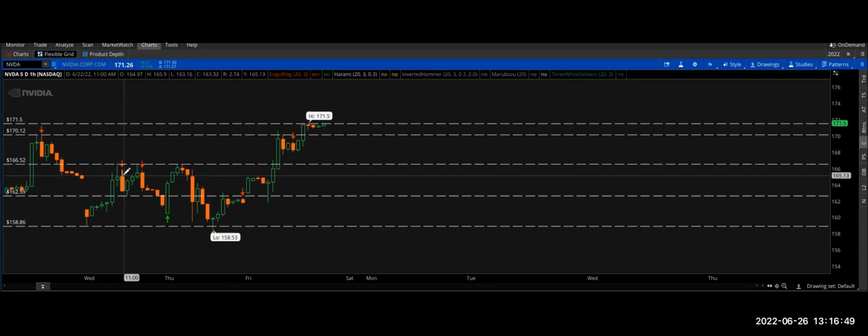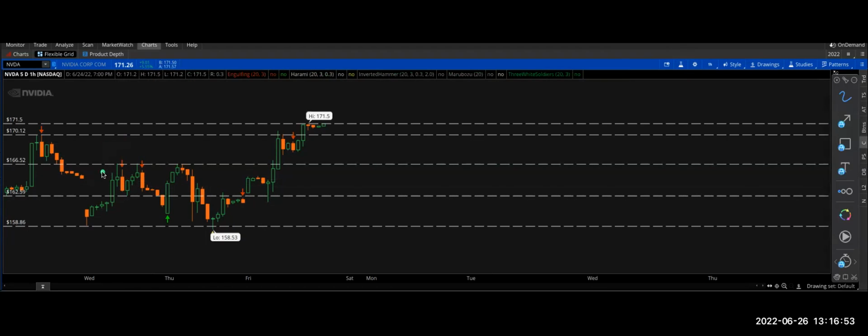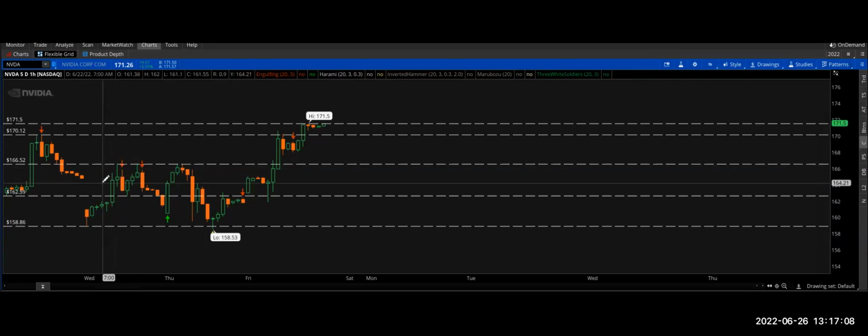Excellent question. Right here at this particular level, where you see the range and it was all choppy, the entry point is 162.59. Now, if you didn't want to wait to get up to 166, you could easily take this right down here.